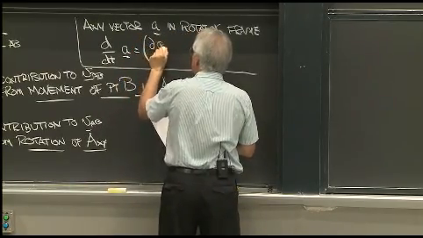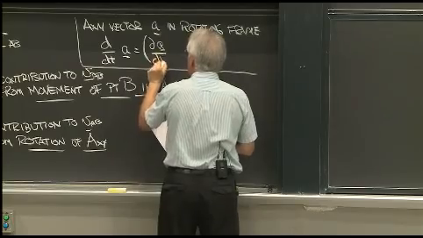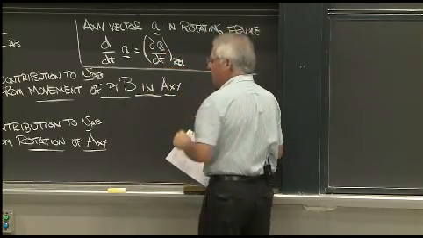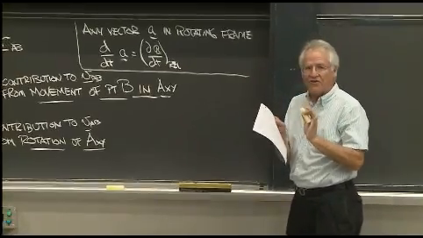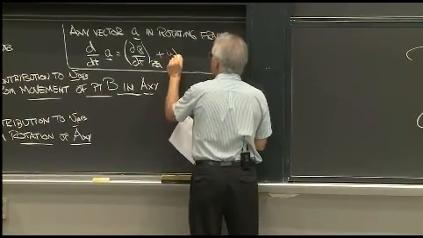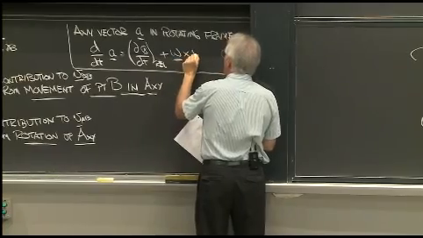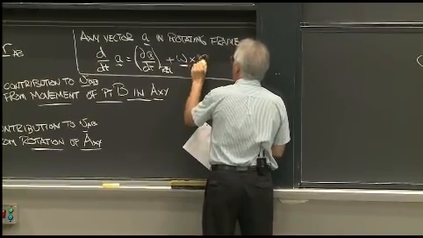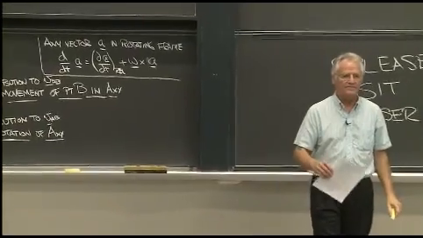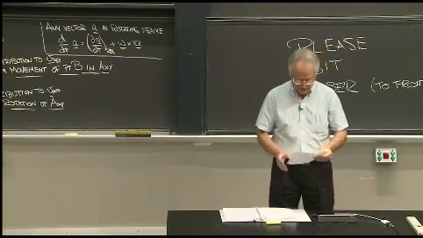Its derivative can be taken by taking its time derivative, that's to say its velocity in the frame, plus omega cross the vector. All righty? Questions, comments?